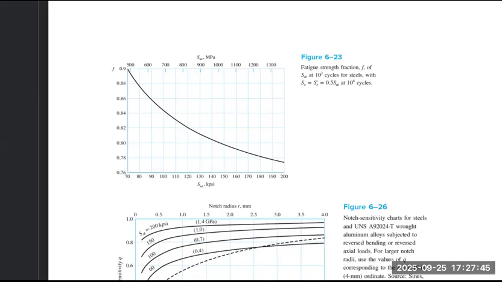Our ultimate tensile strength is 470 megapascals. So our F value is slightly off of the charts.